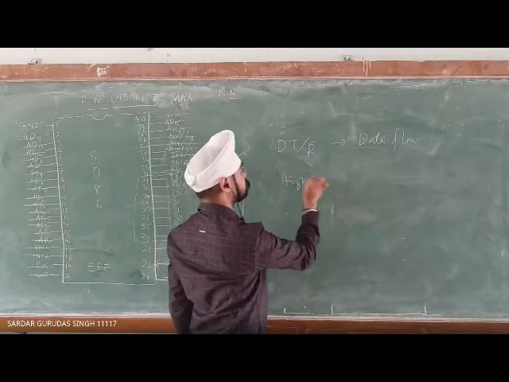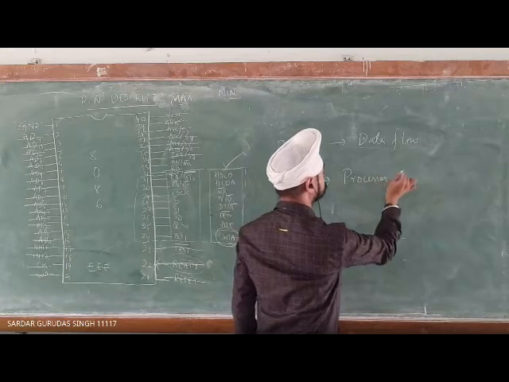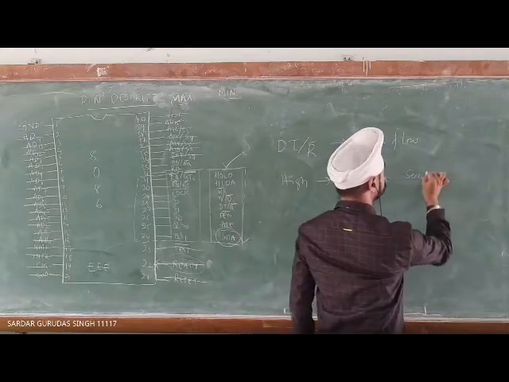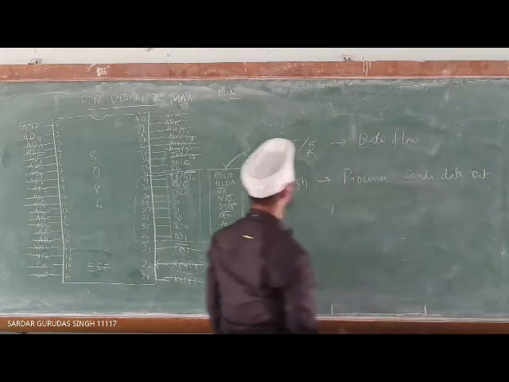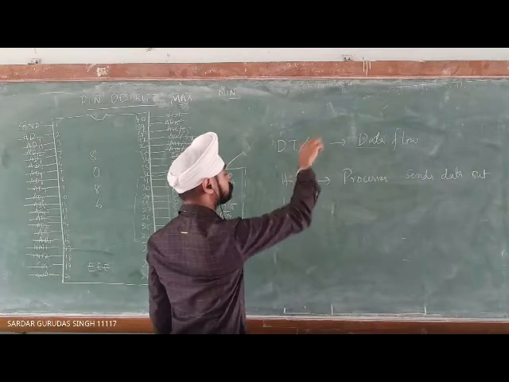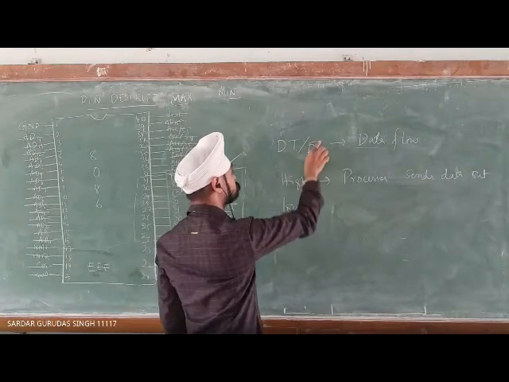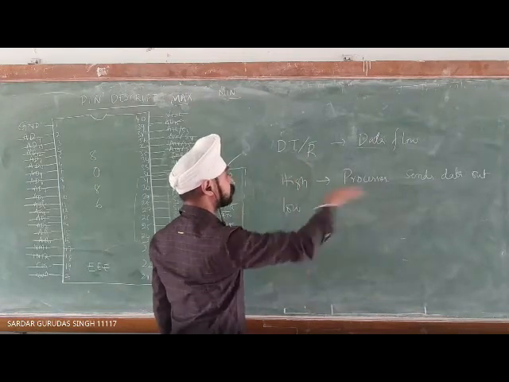High, processor sends data out. Low, you can observe on the R there is a bar, in the sense it is a low signal. Low signal in the sense receiving. High signal in the sense transmitting.